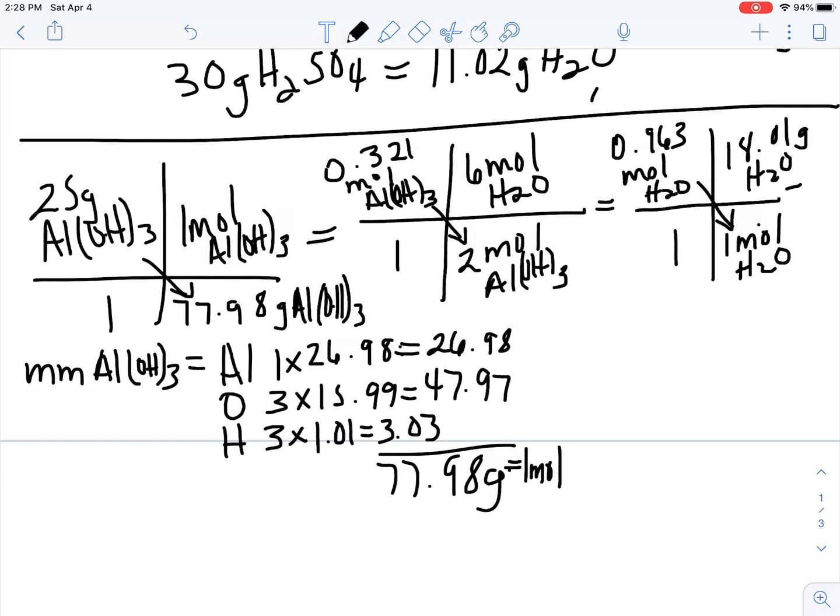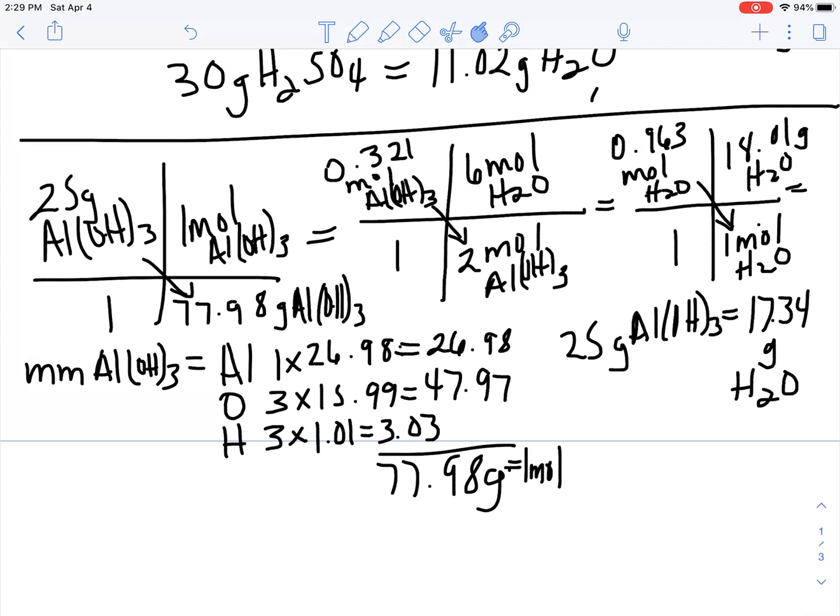So the only thing left to do is run the math. 0.963 times 18.01 gives us, so we had 25 grams of aluminum hydroxide, and that gives us 17.34 grams of water.